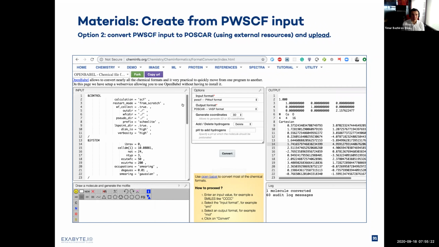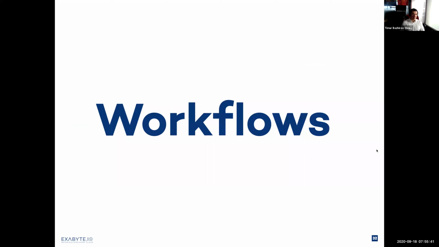So one convenient tool can be obtained online at cheminfo.org, and we can use it to migrate the Quantum Espresso inputs to POSCAR files that we can further upload to Exabyte. Okay, so by using one of these options, we can migrate materials information from Quantum Espresso input files to Exabyte entities.